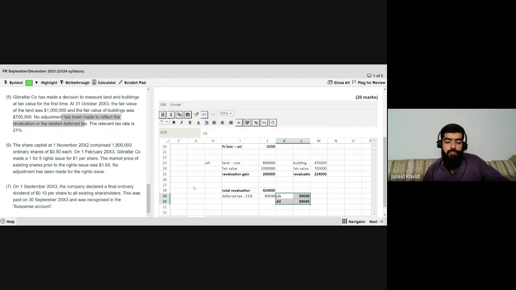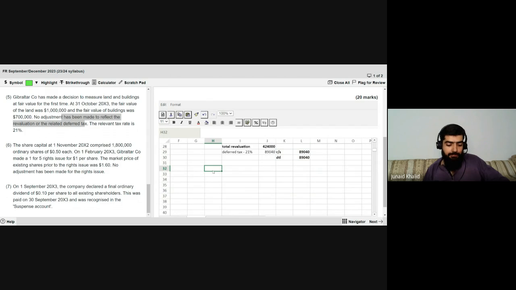Now we have to calculate the shares. First of all, if we are supposed to calculate the number of rights shares or the value of rights shares, we need to identify how many shares we have. At 1st November, the company comprises 1,800,000 ordinary shares. It means there are 18 lakh shares.